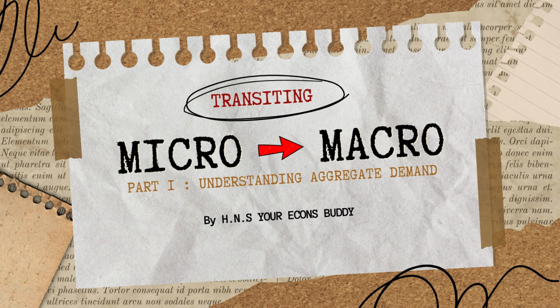Specifically, today we are going to delve into aggregate demand and the aggregate demand curve. I'll take a very simple approach and make it very simplistic so that JC students, especially JC1 students, can understand and transit from microecons into macroecons with ease. So without further ado, let's proceed.